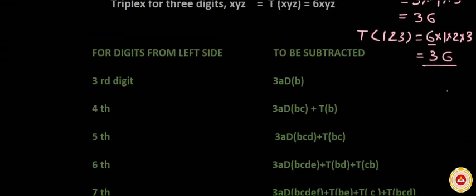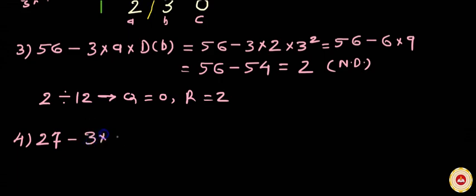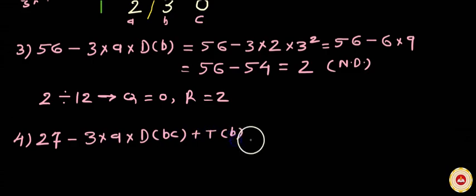So what do we subtract from the gross dividend to get the net dividend for calculating the fourth digit? 3 multiplied by a multiplied by duplex of BC plus triplex of B.